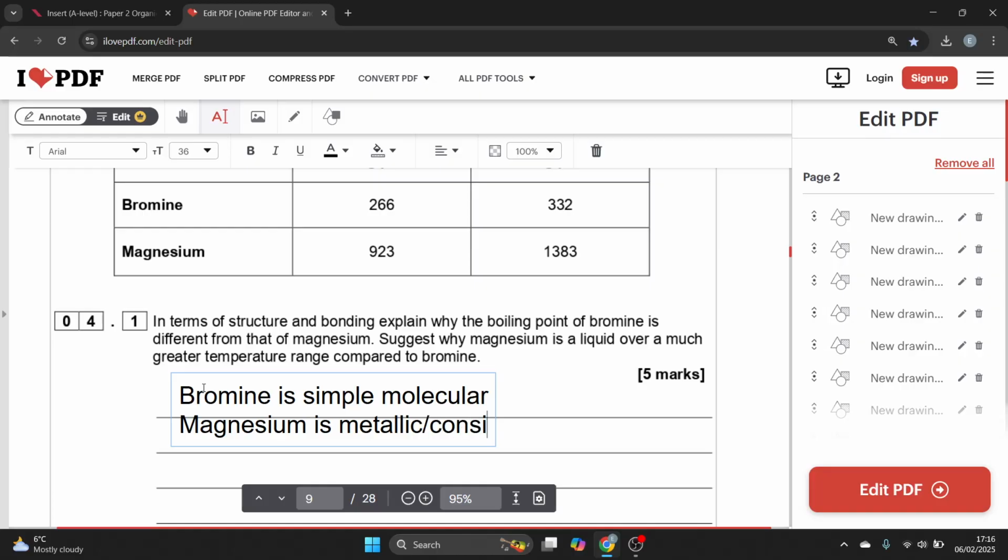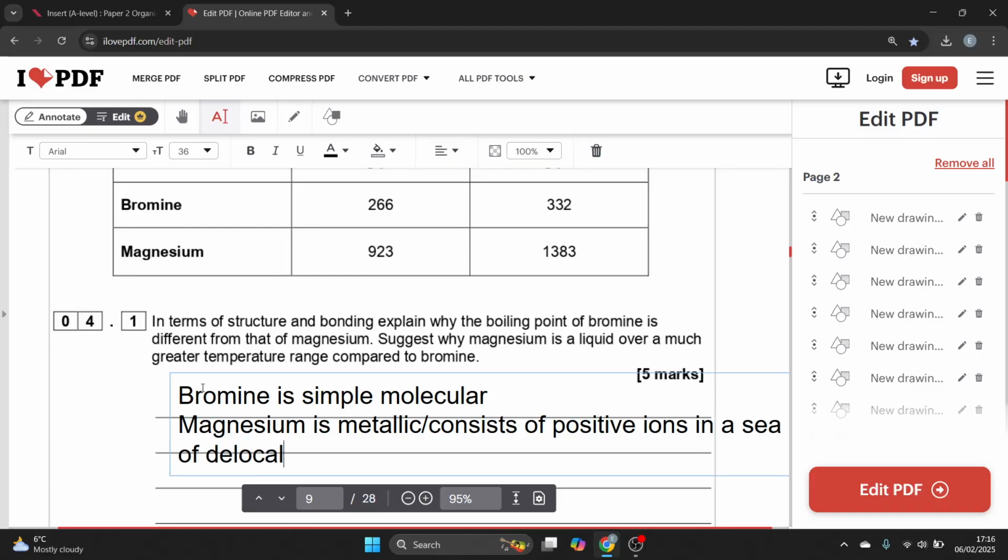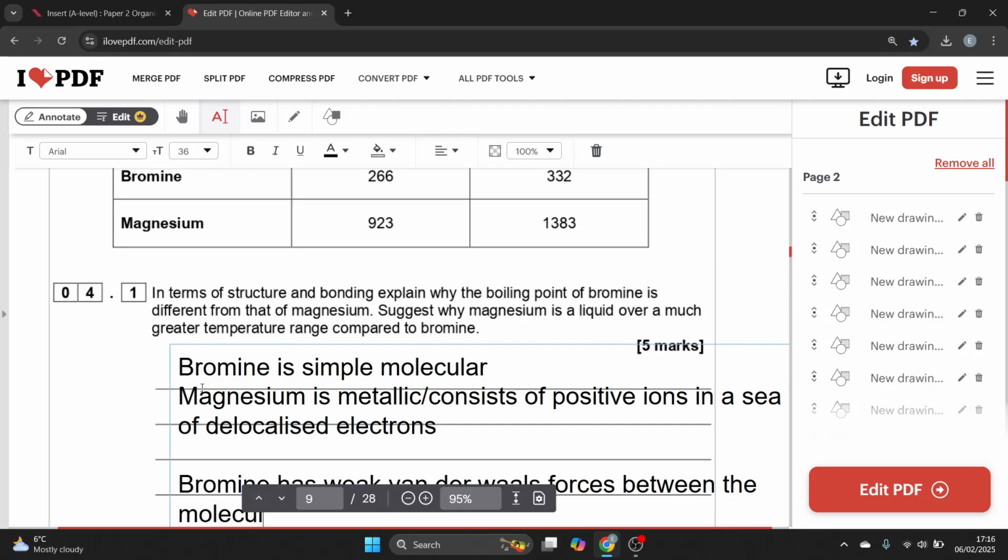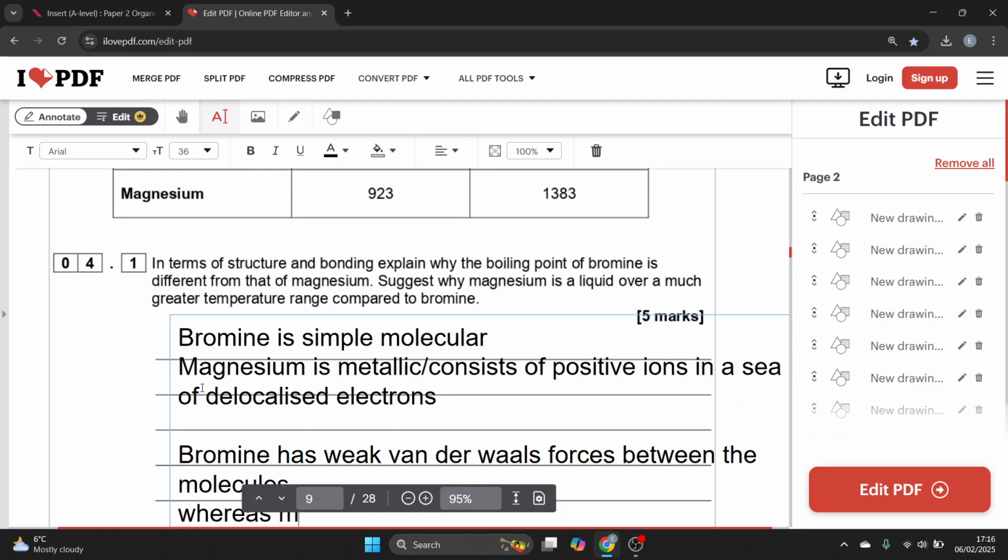For metallic, I'm going to explain a bit more. It consists of positive ions in a sea of delocalized electrons. Not necessary, but yeah. Then what I need to say is that bromine has weak van der Waals forces between the molecules, whereas magnesium has strong metallic bonds.